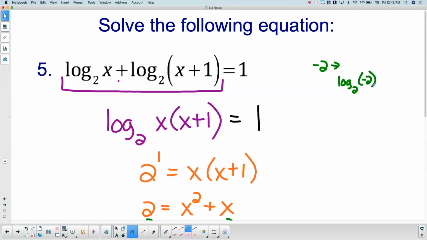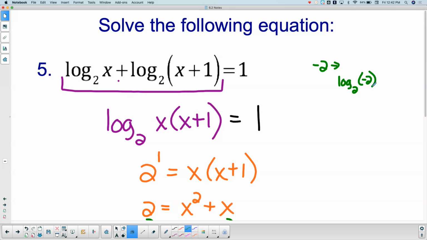We'll see who was paying attention yesterday. We had 2 rules yesterday. What were our logarithmic rules from yesterday? The base can't be negative or equal to 1. And what's always positive? The number, right?